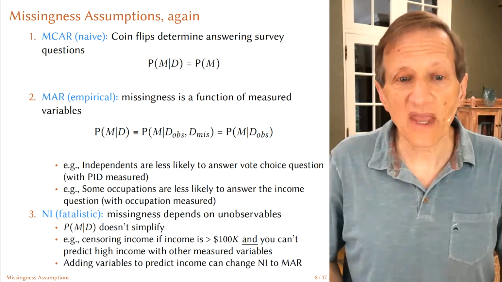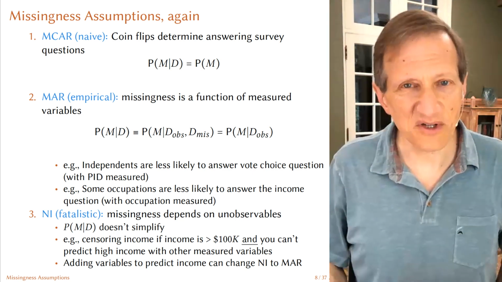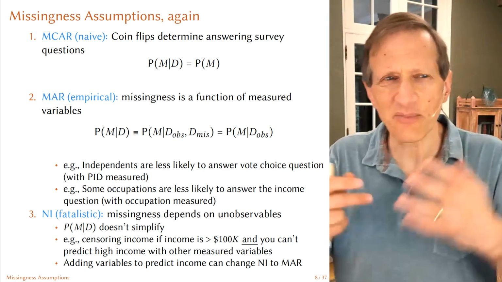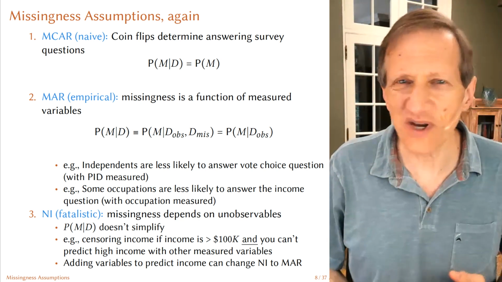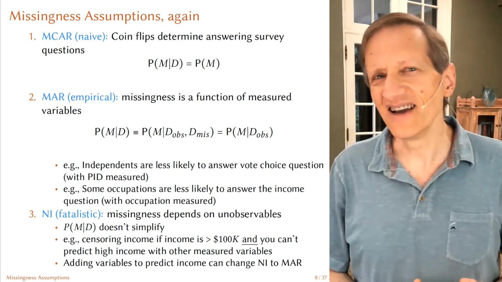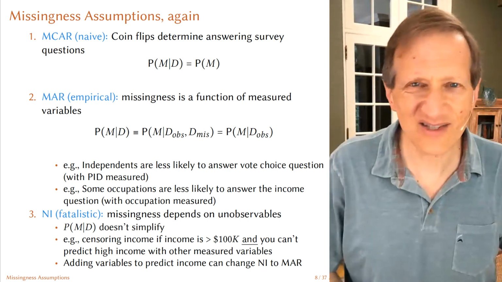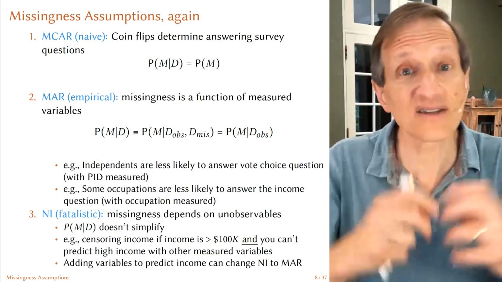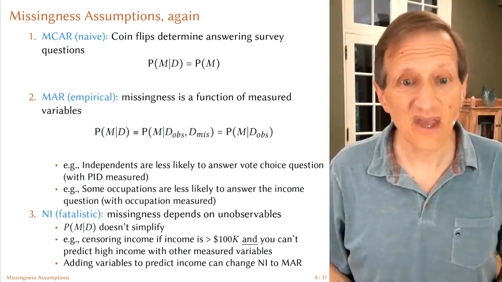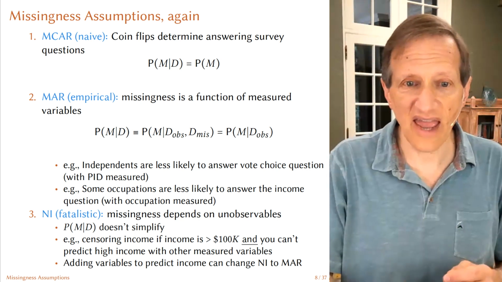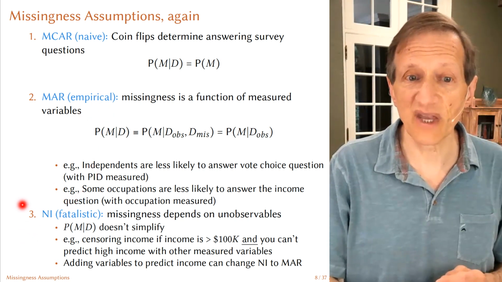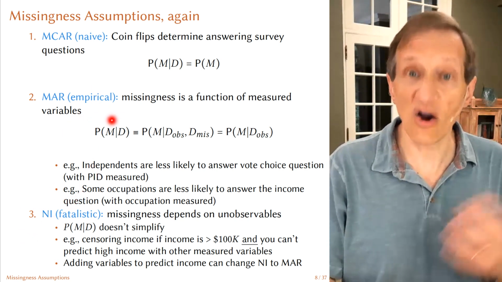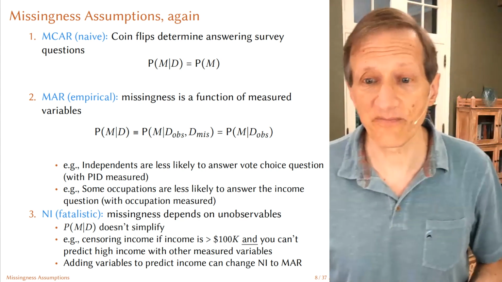If you add variables into the regression, like occupation and the value of the real estate that the person lives in, and how much money their parents had, and all kinds of other things that can predict your income, then that will turn an NI problem into an MAR problem. So instead of assuming NI, you can assume MAR, and we can do something about it, which is really great.